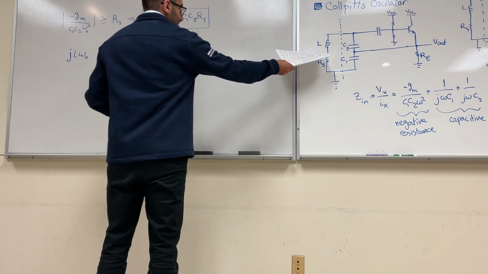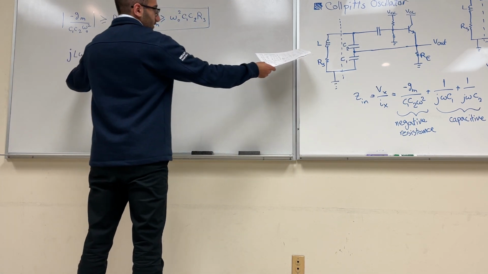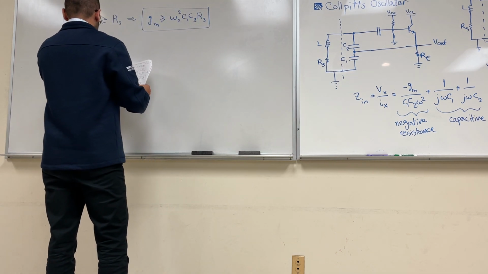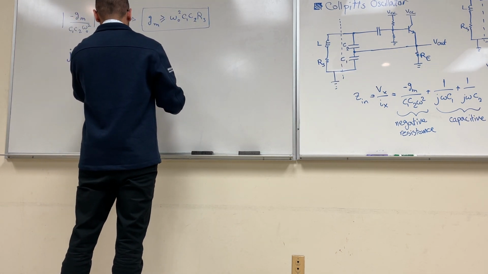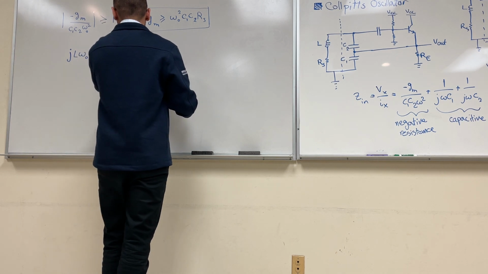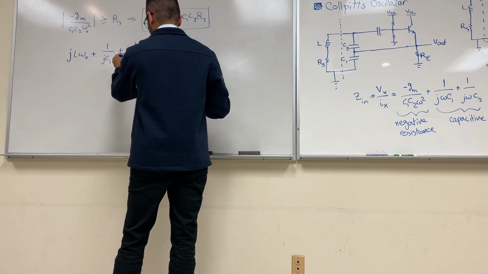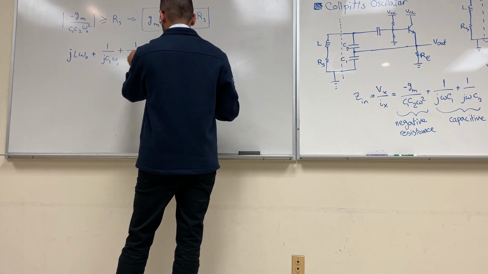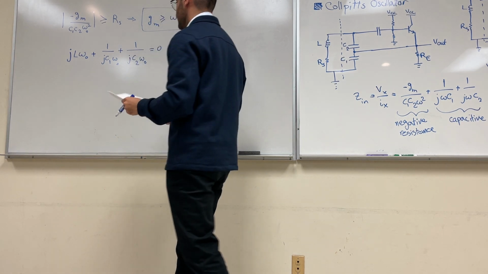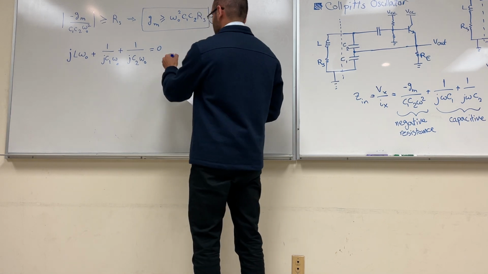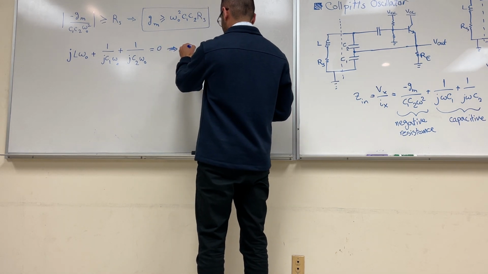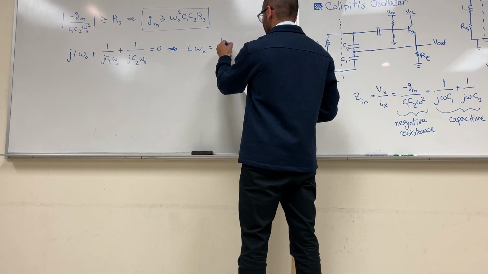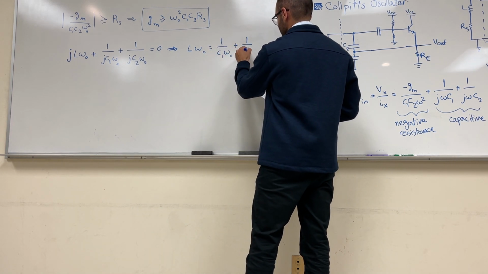So the impedance here is going to be j L omega naught. The impedance here is going to be 1 over j C1 omega naught, and then the impedance from the next capacitor is going to be 1 over j C2 omega naught. And we want this to be overall 0, which means L omega naught is equal to 1 over C1 omega naught plus 1 over C2 omega naught.